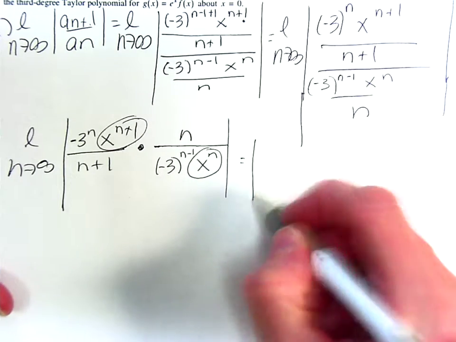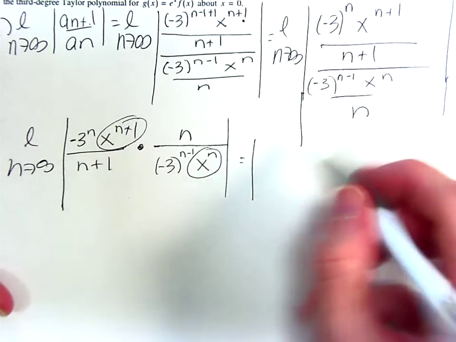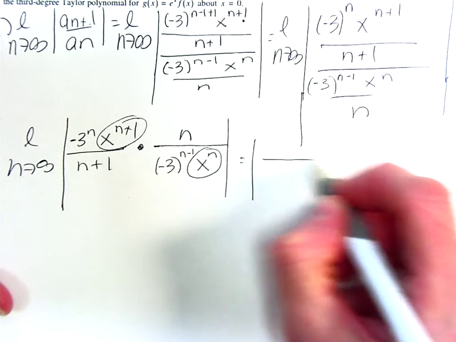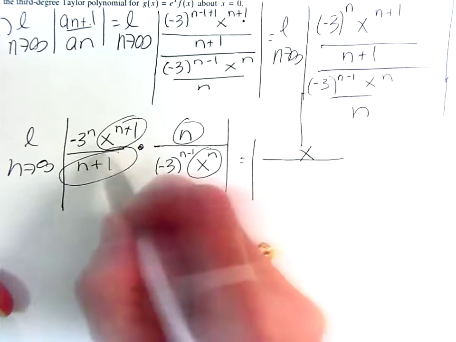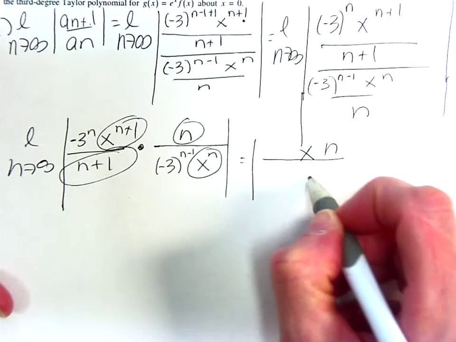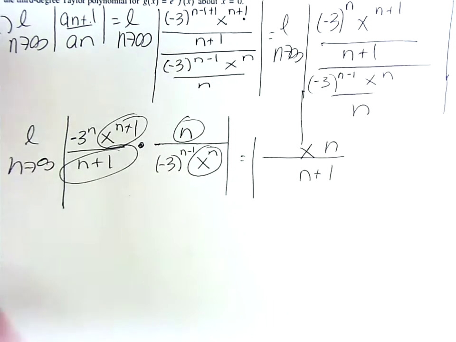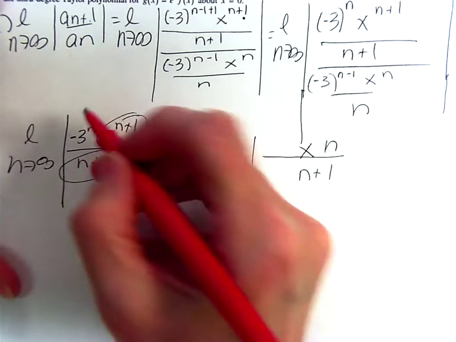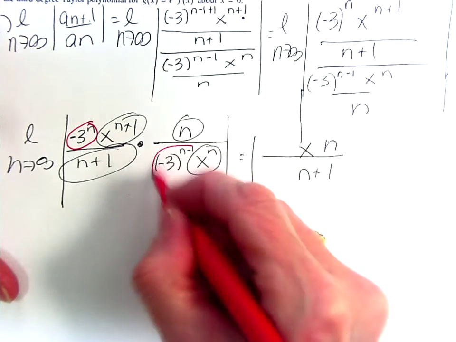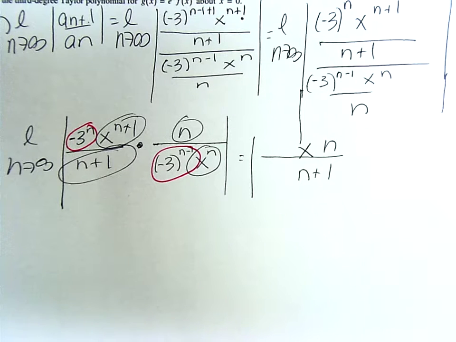There's an x term that's left in the top. And then we've got an n and an n plus 1. So the part that's a little tricky are these exponents for this minus 3. And this is going to be so easy for you guys to mess up.